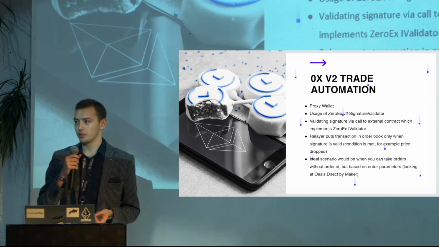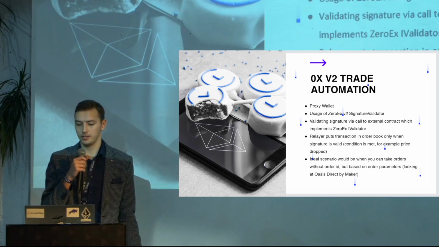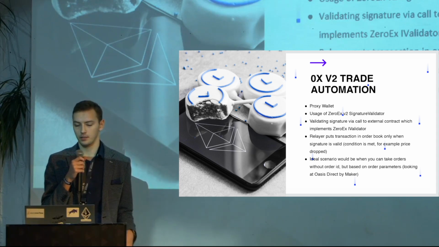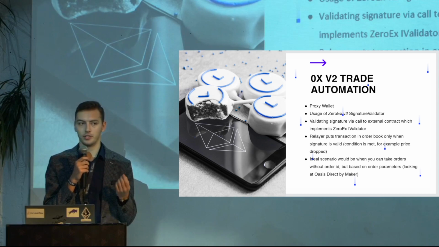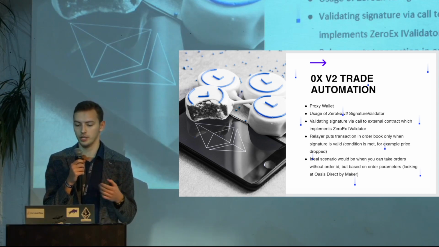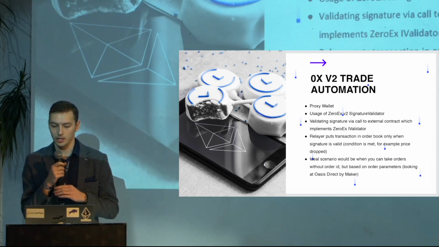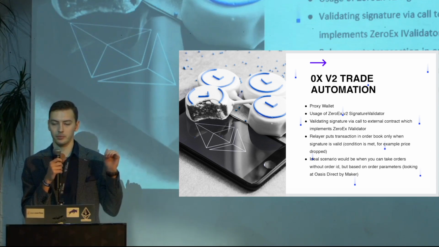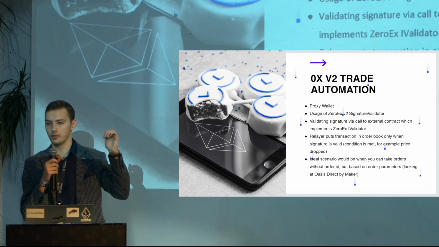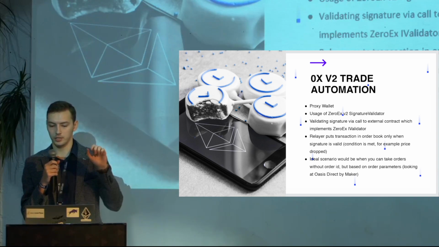And with 0x version 2, you have multiple ways of validating, of signing orders. Because when you have an off-chain order book, like on 0x, which is maintained by their relayers, you need to send them the order, which is the parameters of the order in raw version, and as well the signature.